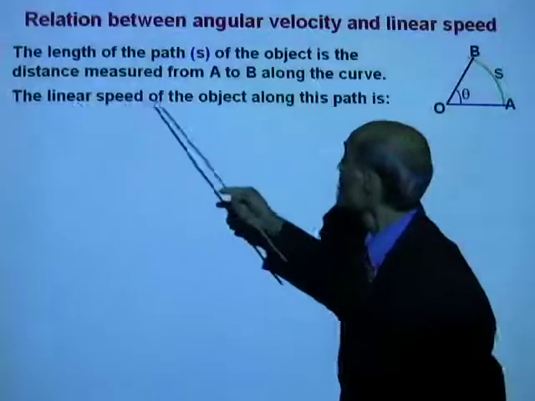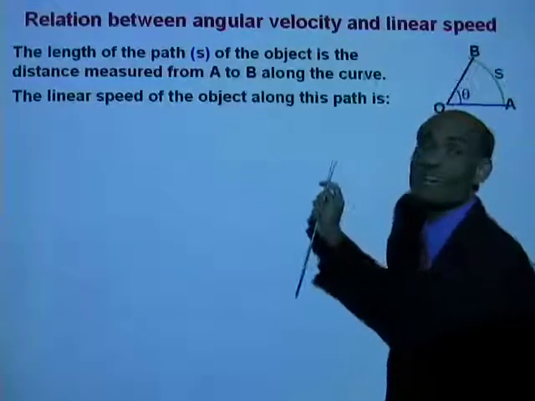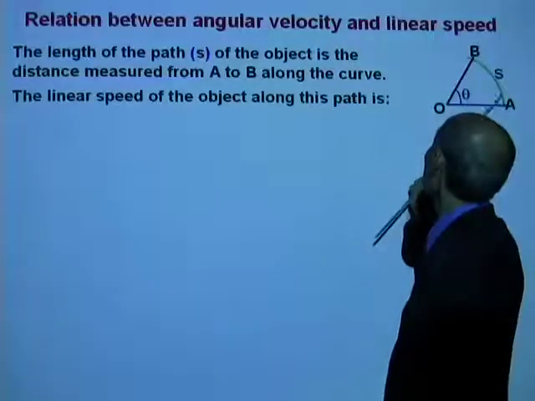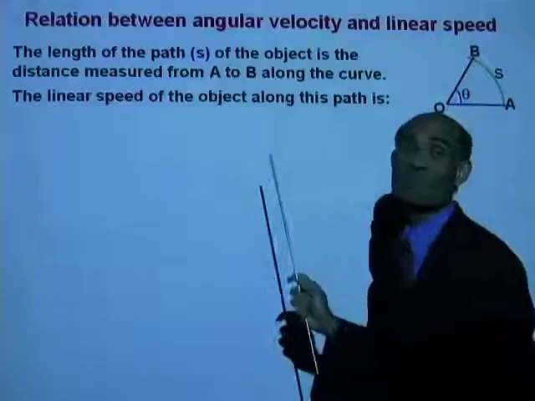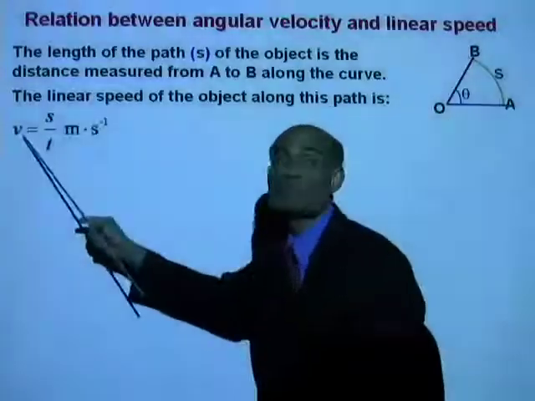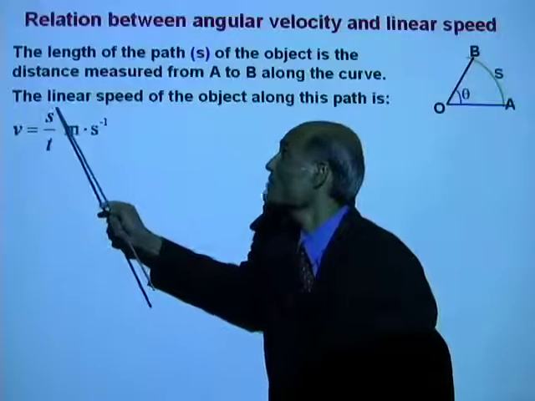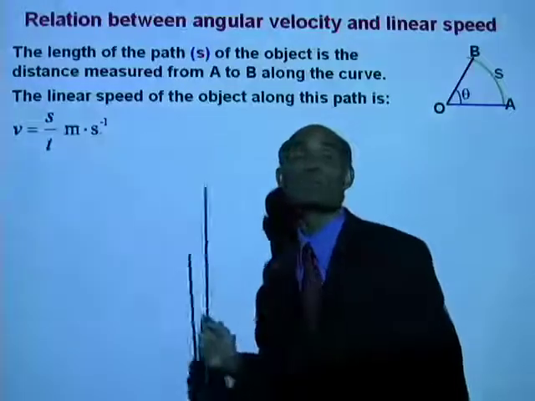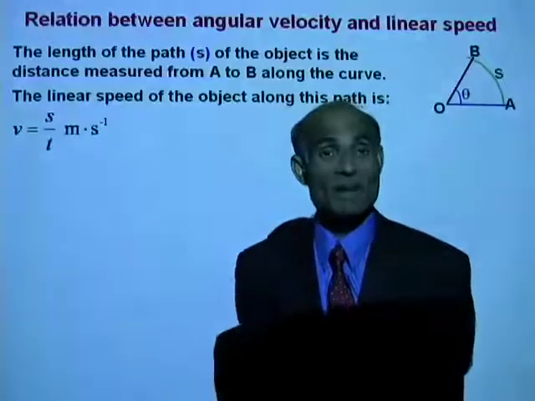So the linear speed of the object along this path, what is the linear speed of the object along this path? It will be the distance divided by the time. So if V is the linear speed, I can write V equal to S over T, meter per second. The distance covered divided by the time taken.